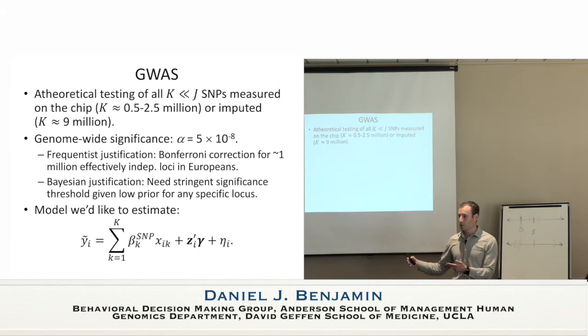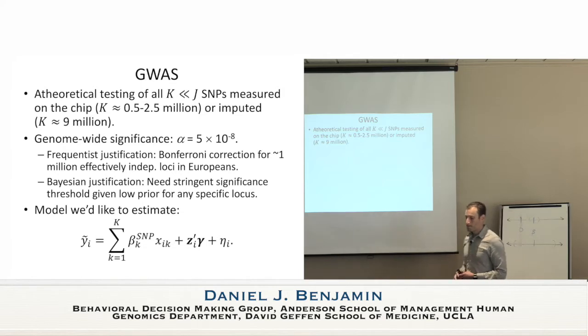The linkage studies were underpowered. They didn't know where to look. The results that had been found didn't replicate very well. So there was a recognition that for complex diseases, we don't really have good hypotheses about which genes are going to be involved. And maybe by an atheoretical approach, we'll learn something we didn't know about the biology underlying diseases.